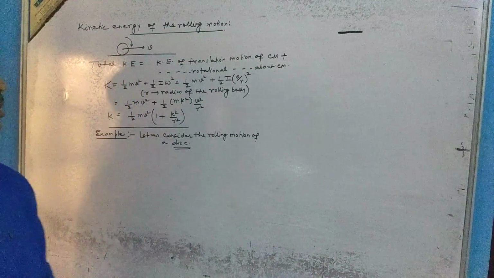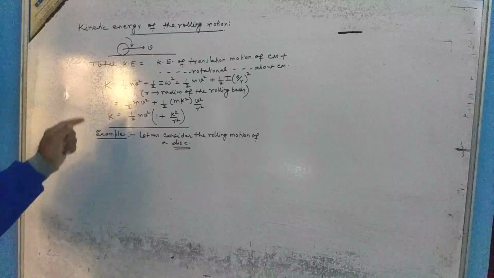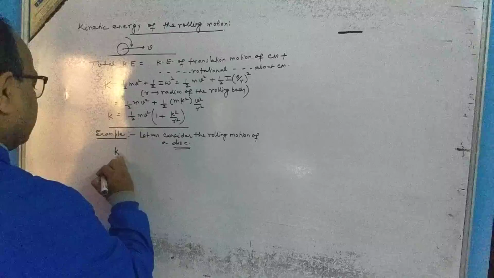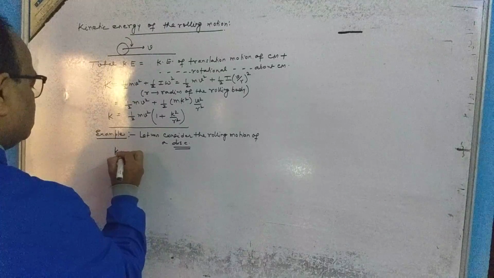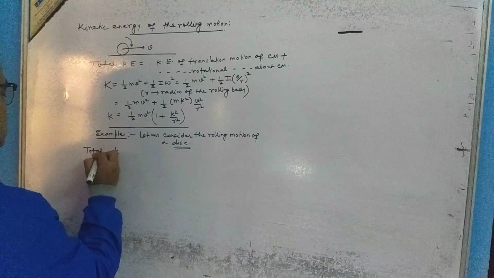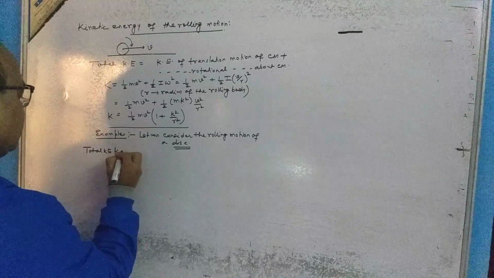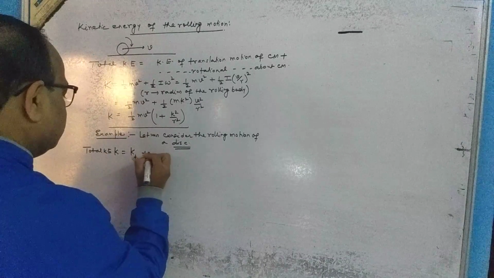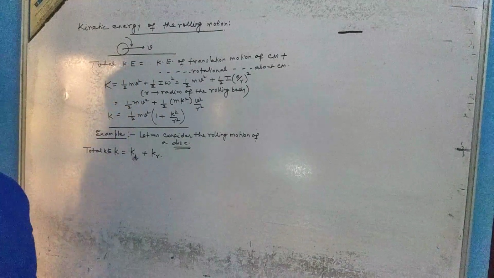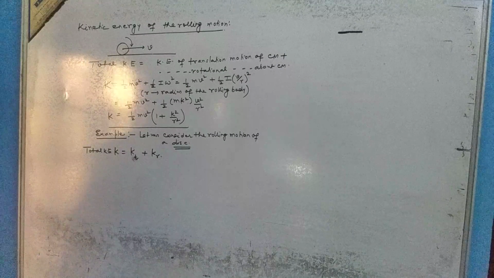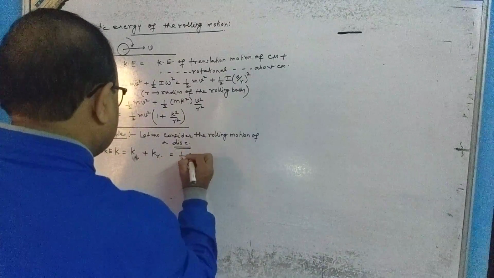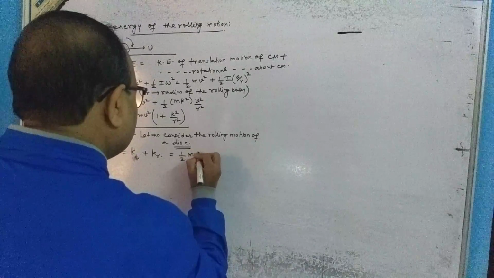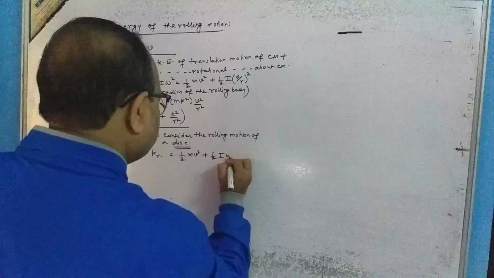This type of question is normally asked. The total kinetic energy K should be equal to KT plus KR, translatory plus rotational, that is half mv square plus half I omega square.